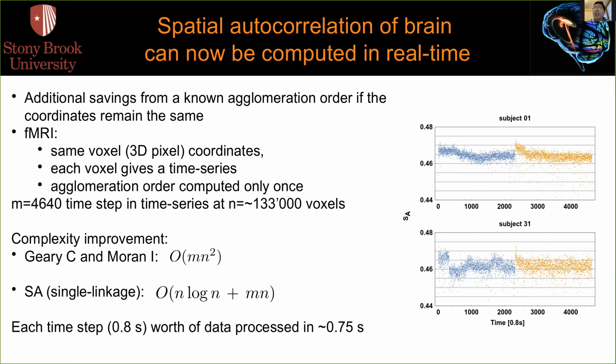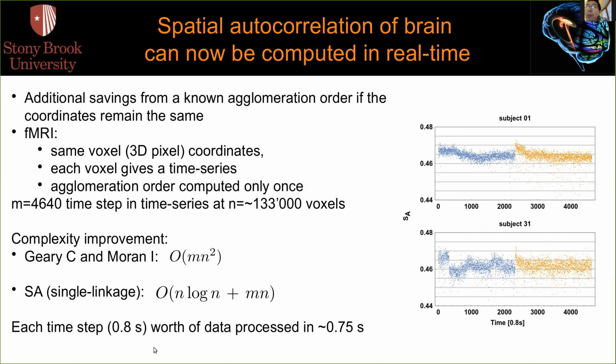Essentially we were able to see that each time step of the SA calculation on the time series can be done in under 1 second, which turned out to be faster than the sampling rate of our fMRI data, which gives a whole brain picture at 0.8 seconds.